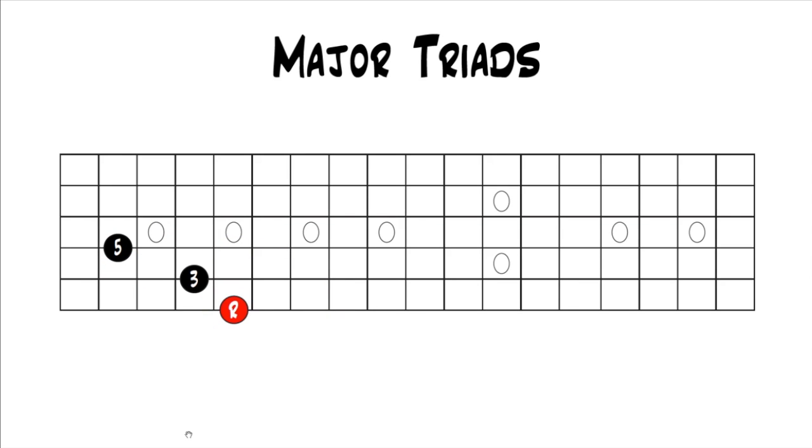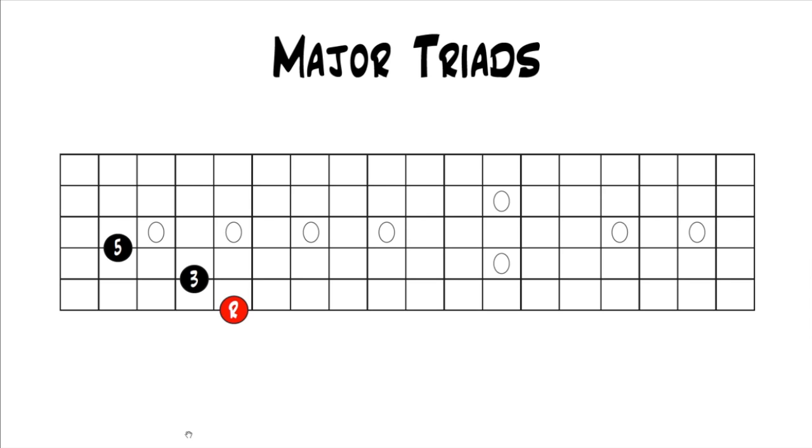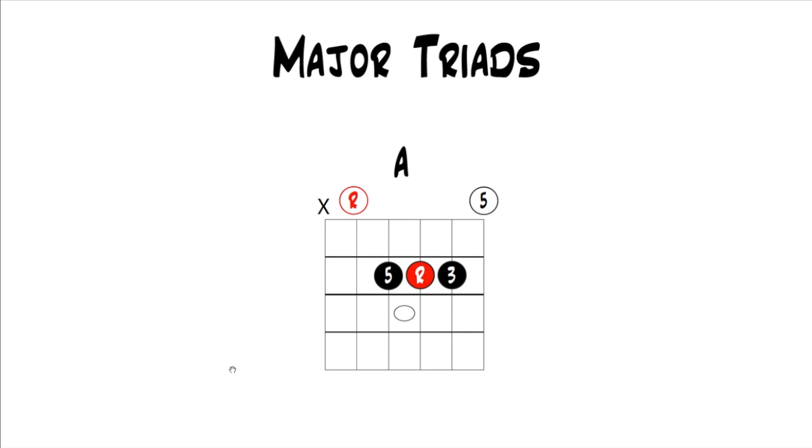And if you've played any chords, if you know your open chords, you've definitely played major triads before. For example, this is an A major triad. So is this right here technically, because this note is starting on an A, this root note. So this is an A major triad, but so is this. And I'm sure this is probably a chord you know or at least have seen before.